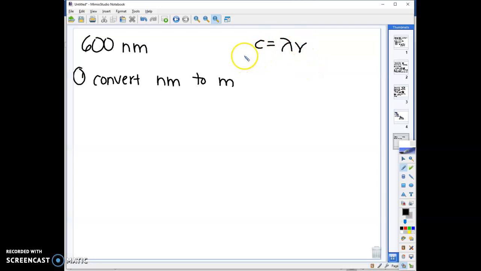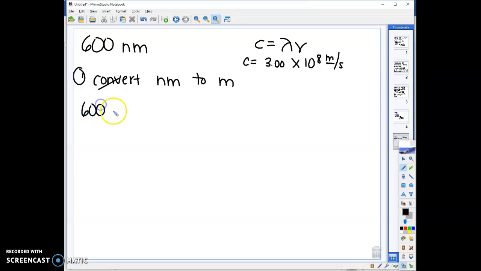My speed of light is a constant, which is 3.00 times 10 to the 8 meters per second. So I need my unit to be in meters. So that's why I have to convert nanometers to meters. So to convert from nanometers to meters, I'm going to use my conversion factor.